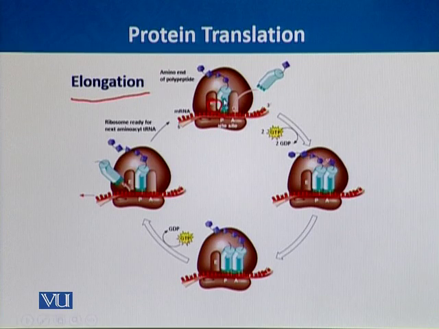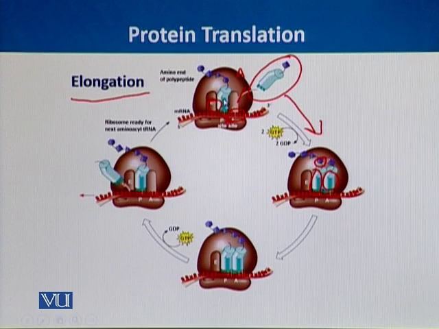Then you can see a second transfer RNA comes and attaches to the second codon of messenger RNA at the A site. Again we can see that two transfer RNAs have been bound. One has a specific amino acid, and when the second transfer RNA comes, that amino acid will bind with the amino acid of the second transfer RNA through a peptide bond. So a peptide bond is the bond between two amino acids.